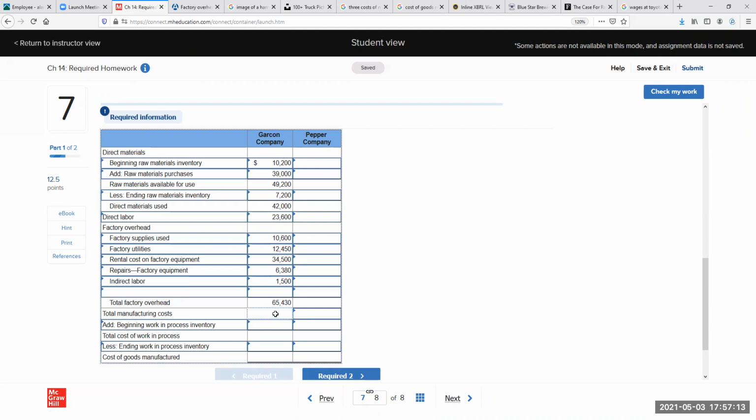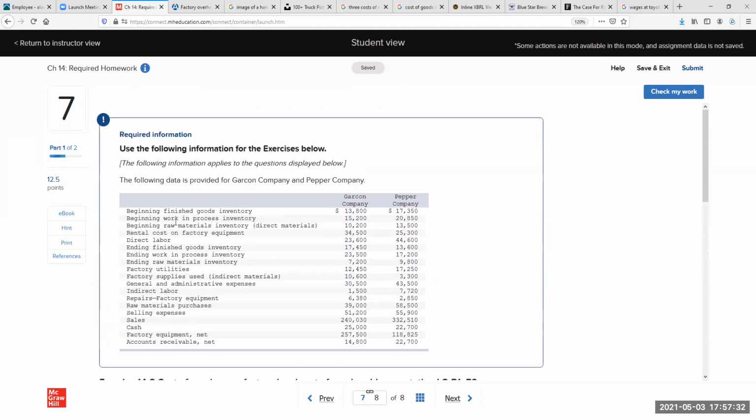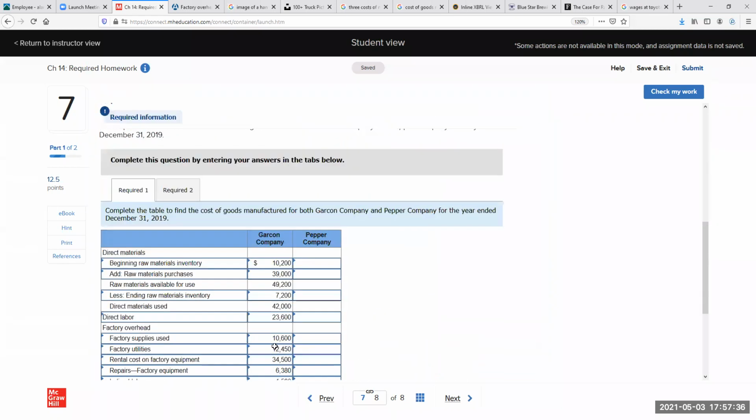Is it 42 direct materials used, plus the 23,600, plus 65,430? So the sum of those three is 131,030. And add the beginning work in process way at the top. Beginning work in process, 15,200.